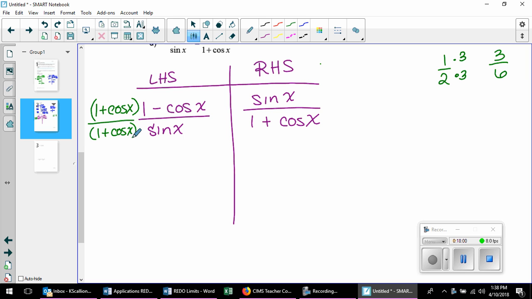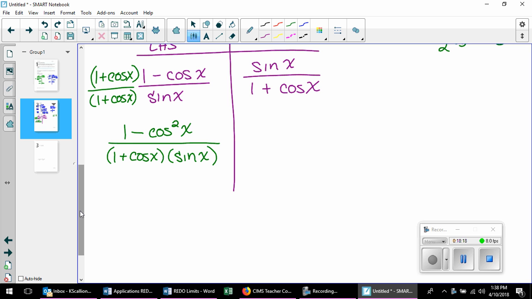So if I multiply this out, this is going to be 1 minus cos squared x. And I'm not going to multiply the bottom. What's that simplified to? Sine squared.